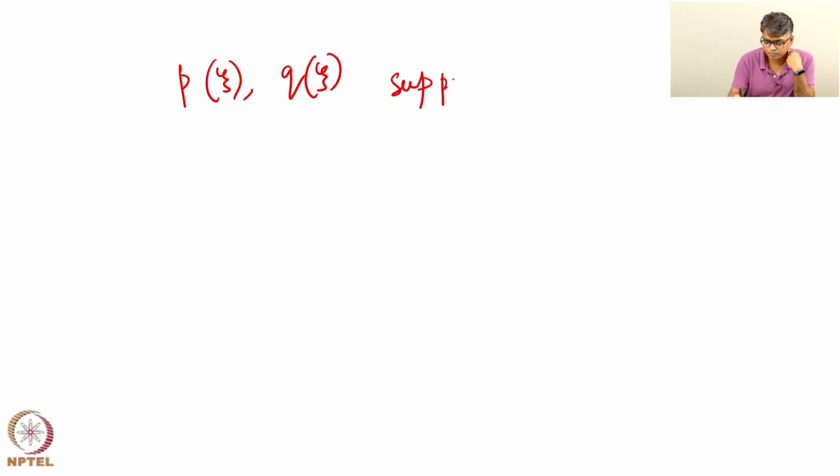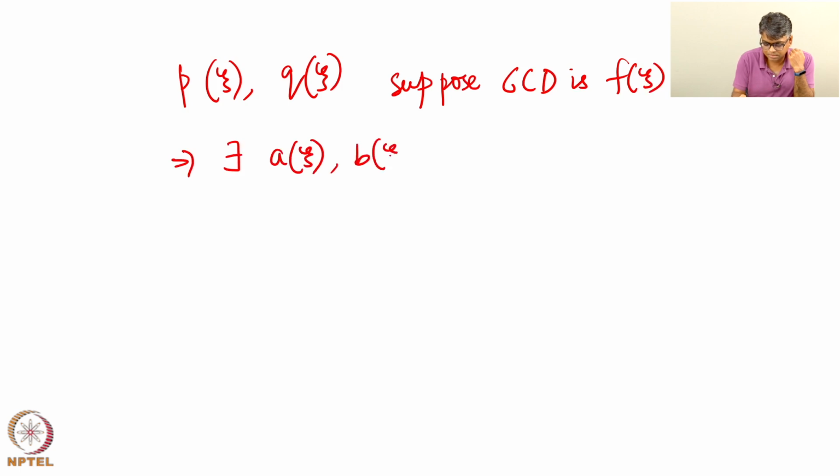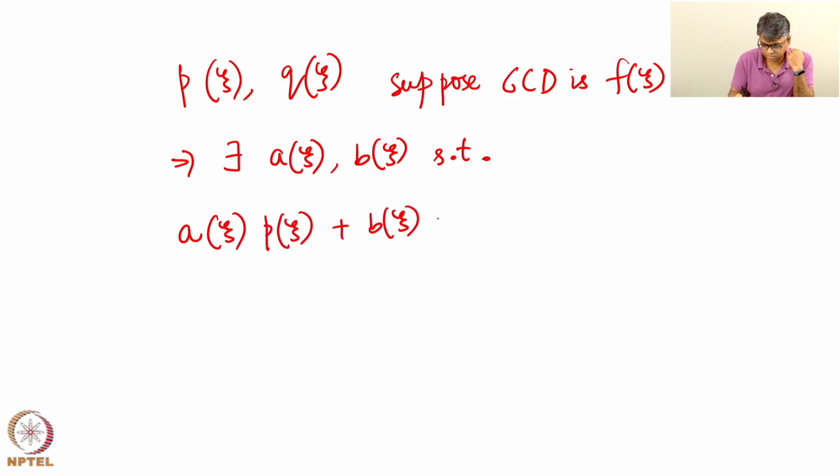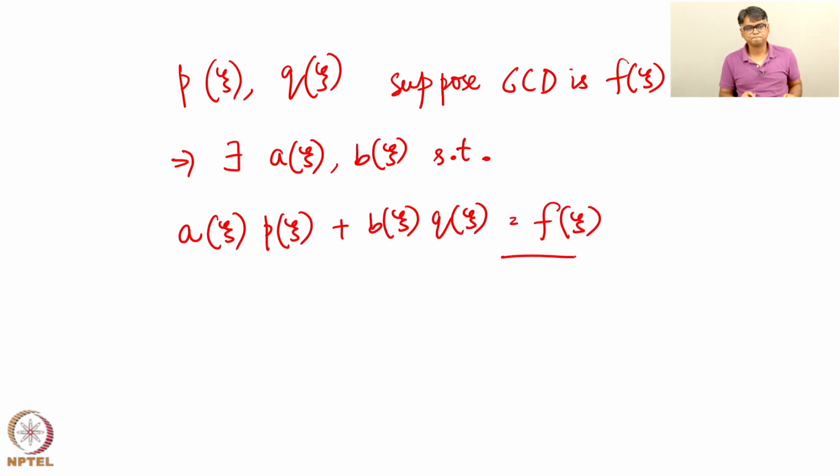Suppose GCD is F xi, then this implies there exists a polynomial A xi and a polynomial B xi such that A xi P xi plus B xi Q xi is equal to F xi, the GCD.